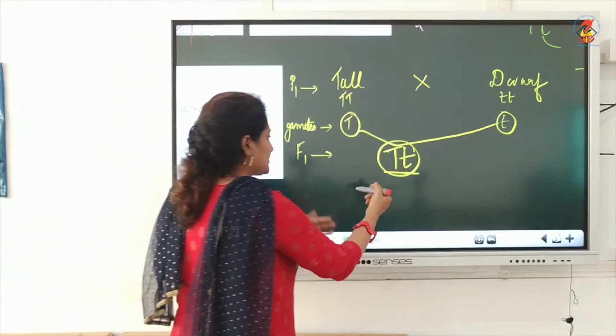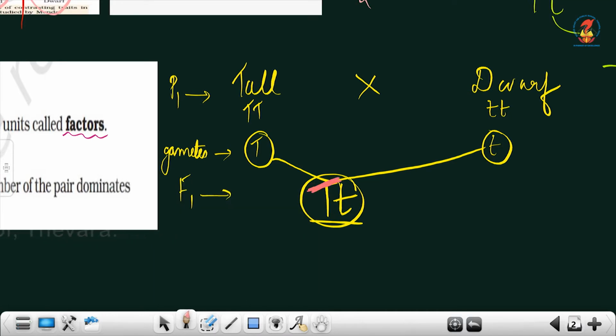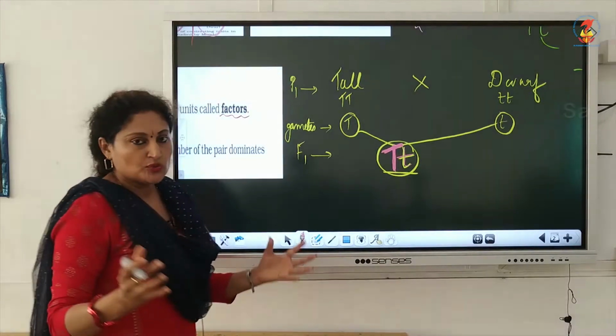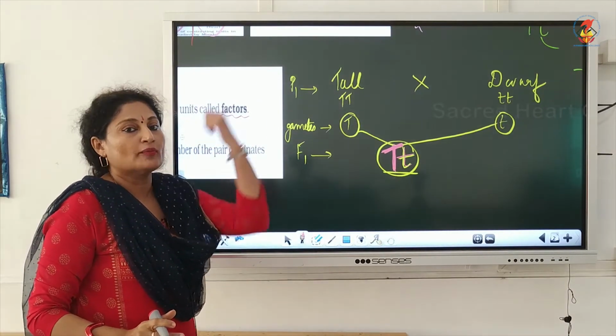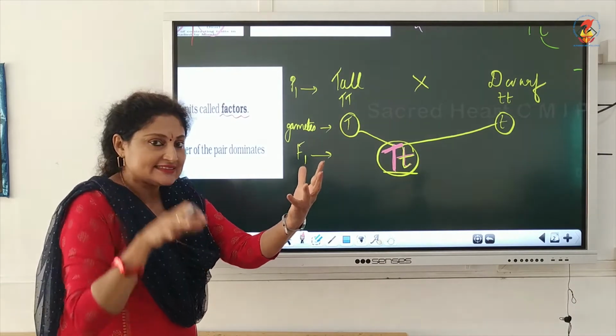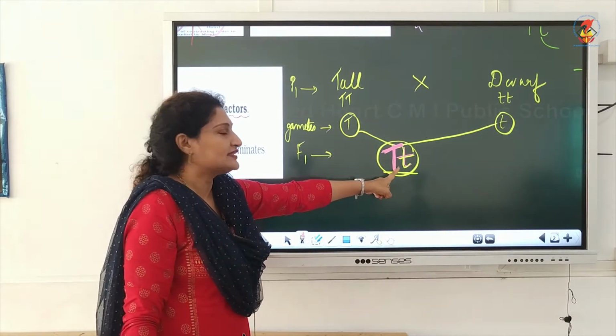So, which is going to express? Capital T is dominant and it expresses itself, while small t is recessive and it is suppressed. So, when two dissimilar alleles occur in a pair, one allele dominates while the other allele is suppressed. So, here capital T dominates and small t is suppressed.